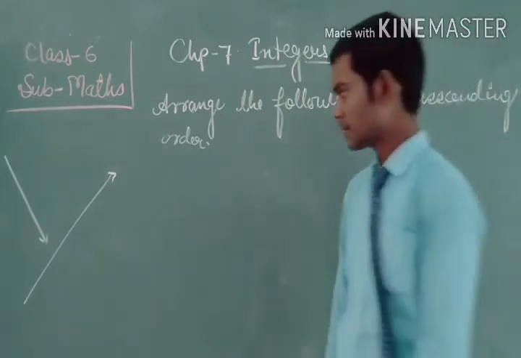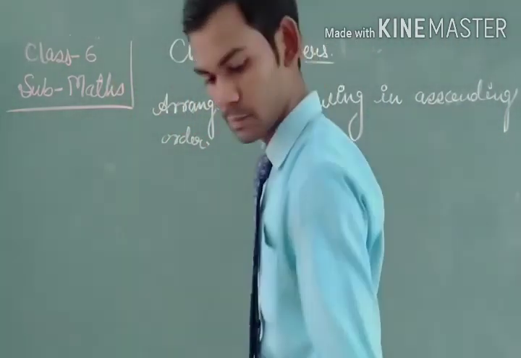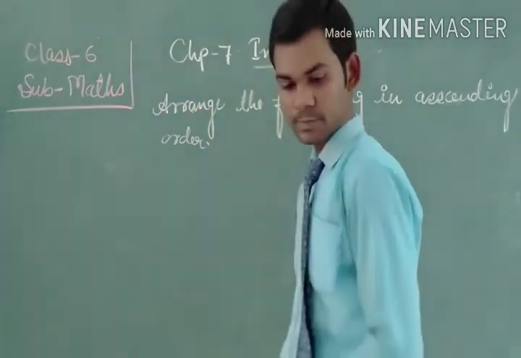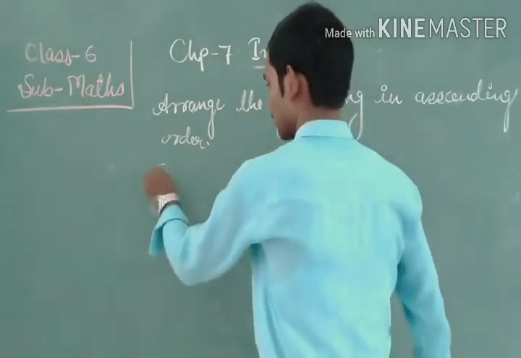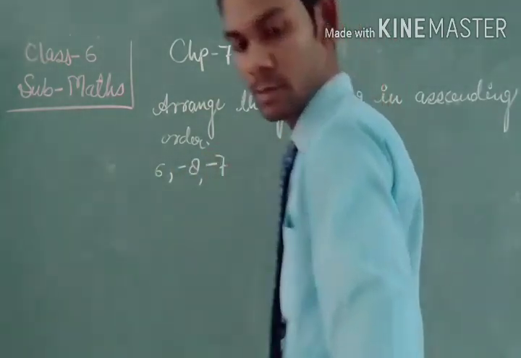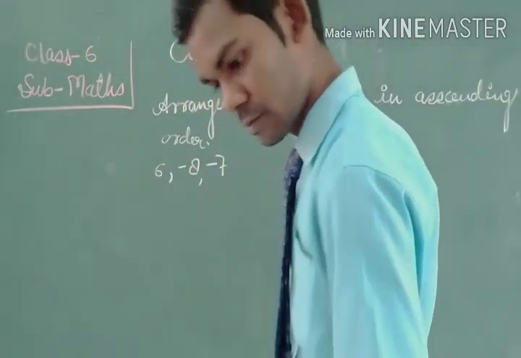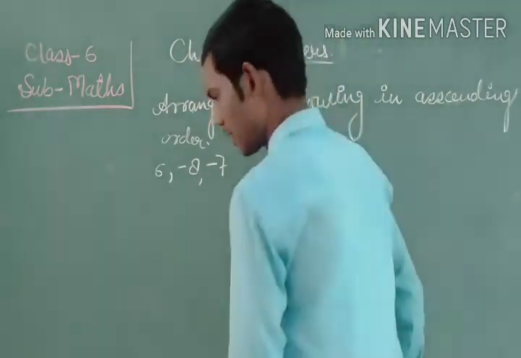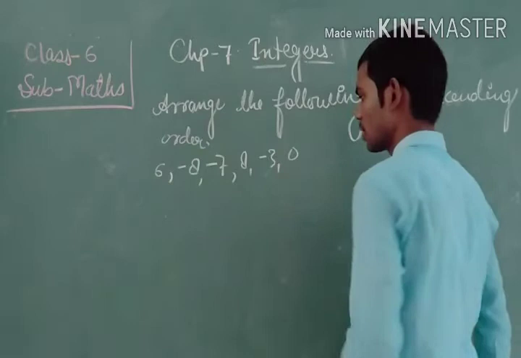So let's see. There is a question: 6, minus 8, minus 7, 8, minus 3 and 0.